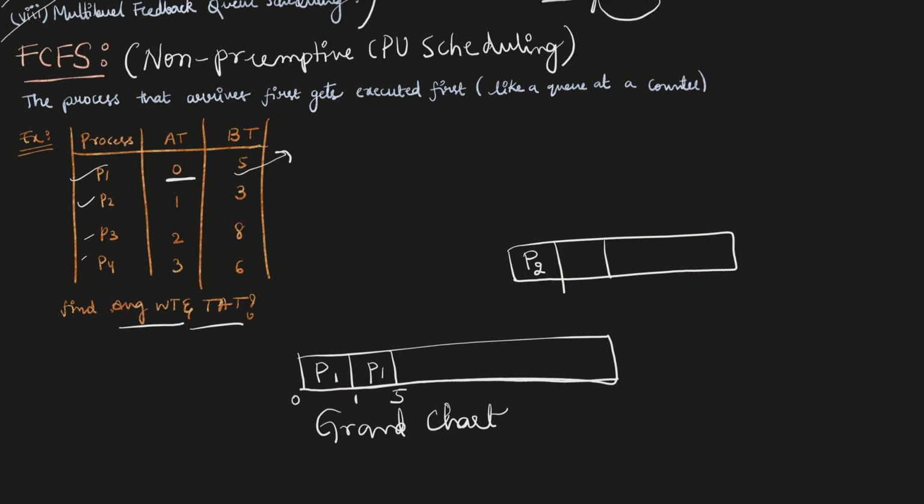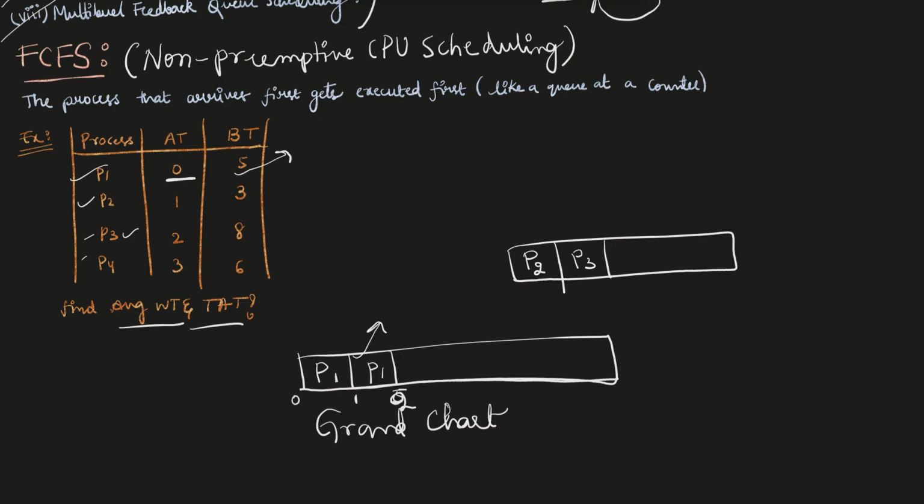But to understand this clearly, if I go to the next unit, at 2 unit time, which process has arrived? Process 3. We can't start P3 because P1 is already running, so we'll store it in the ready queue.